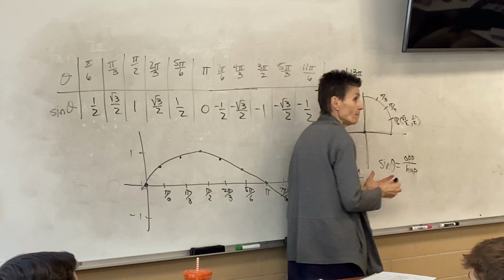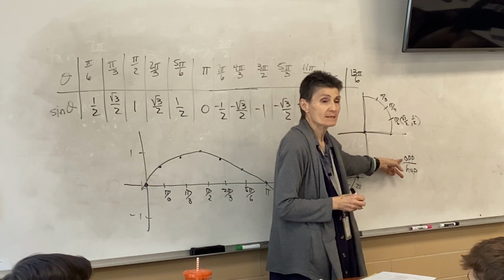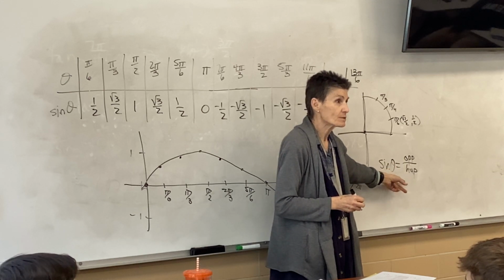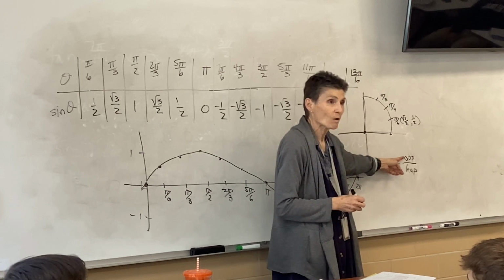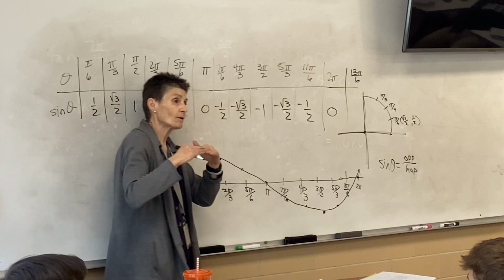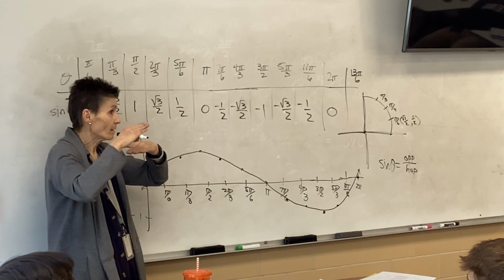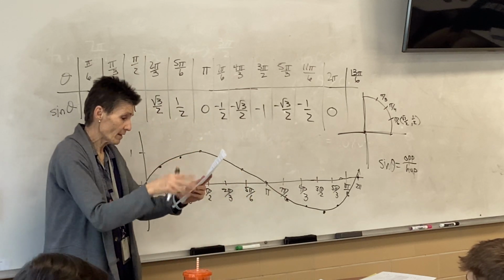You learned that in geometry. So, Katoa, what can you tell me about the opposite side and the hypotenuse? Hypotenuse is always bigger. So is there any way that fraction's ever going to be bigger than 1? No. So your sine values are going to oscillate between -1 and 1. Okay? So we filled all that in.